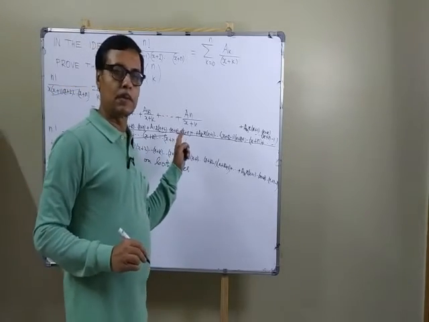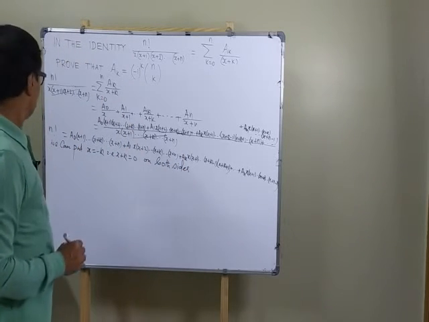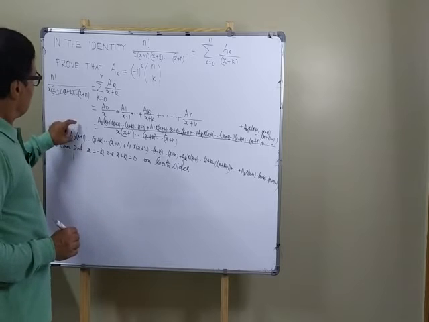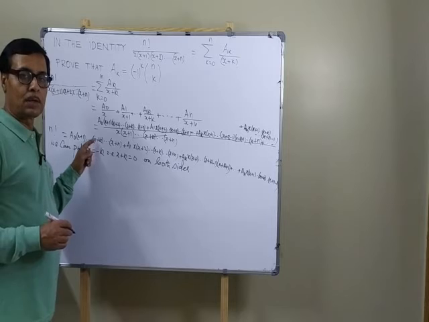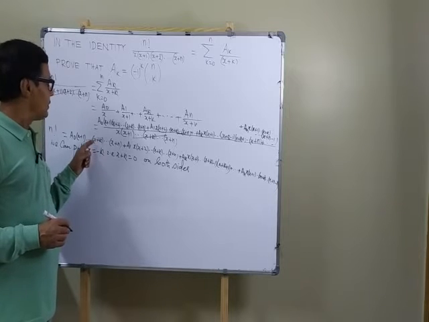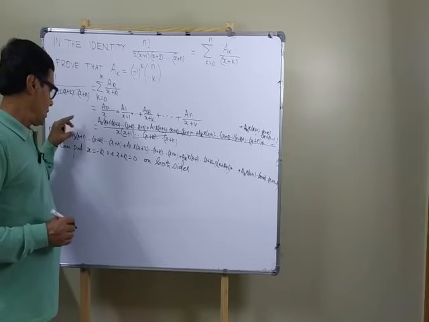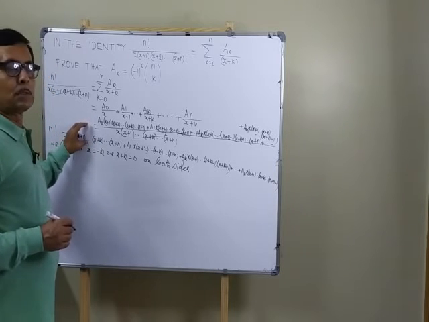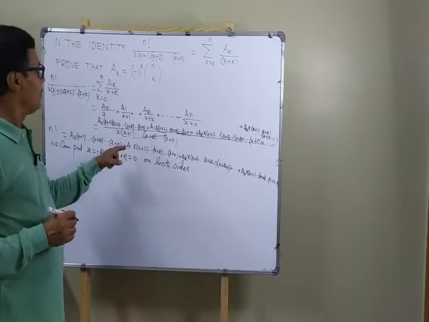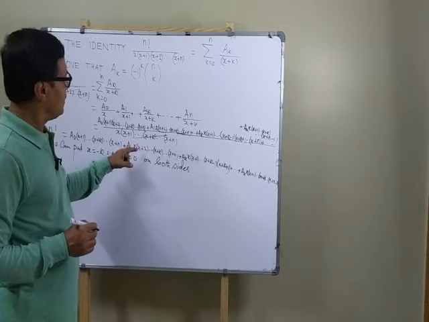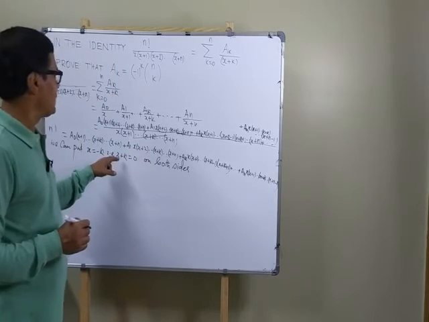If we put x plus k equal to 0 on both sides, the first term, a0, vanishes because the first term contains the factor x plus k, and x plus k equal to 0.